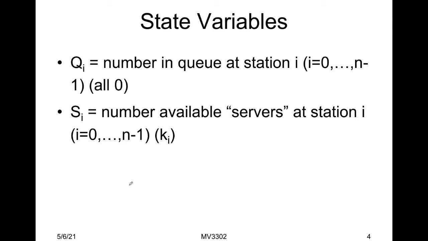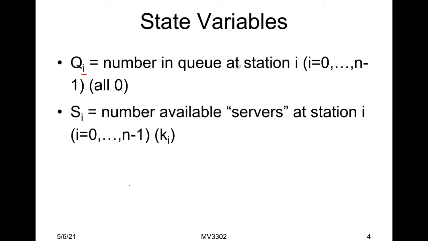Our state variables, again motivated by our multiple server queue, we're now making these arrays. So the number in the queue at station I is indexed by I. It's basically like an array, and in fact, when we implement this, it's literally going to be an array.